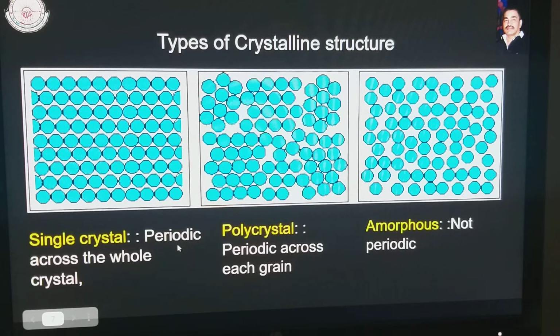Okay. So these are the pictures of single crystal, polycrystal, and amorphous. You see, in the single crystal, periodic arrangement is observed across the whole crystal. In the first figure, we see the periodic arrangement across the whole crystal. In the second picture, the polycrystals, there are some grains.